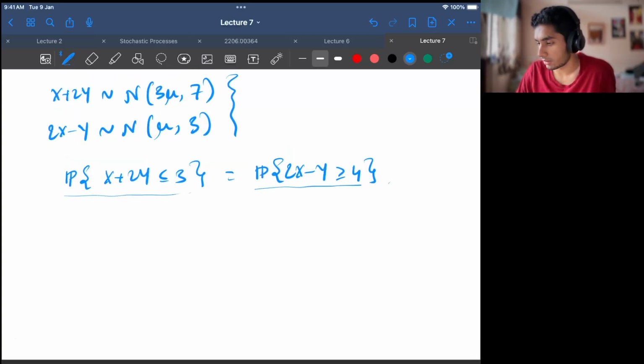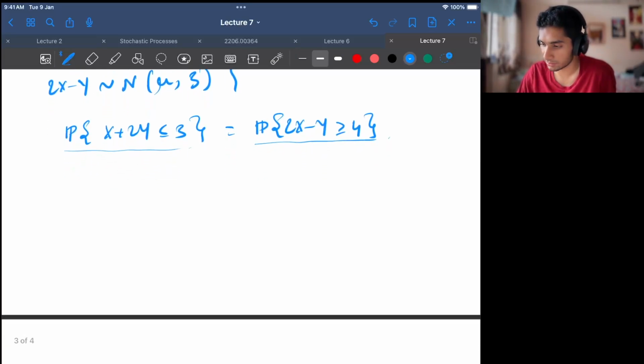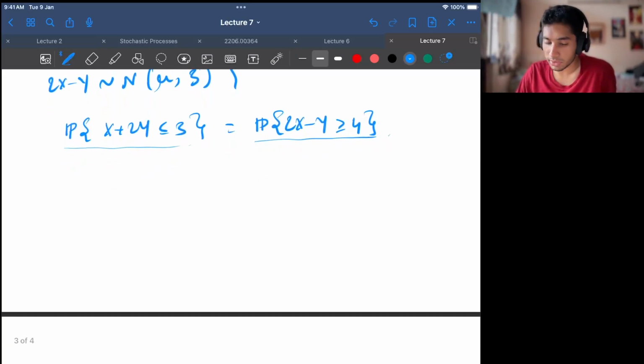However, calculating this probability will be very cumbersome because it will require you to calculate the integral of a normal distribution, and you will have to do a lot of rigorous work. What you can do is be a bit clever and convert both of these random variables into standard normal distribution and look at the probabilities using the Gaussian integral table, because that is easier.